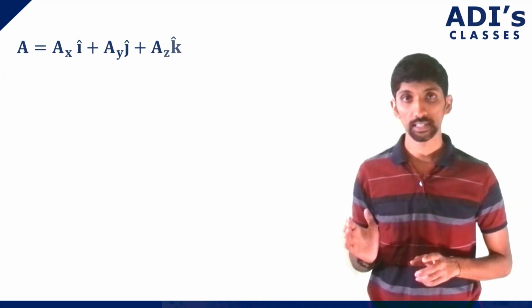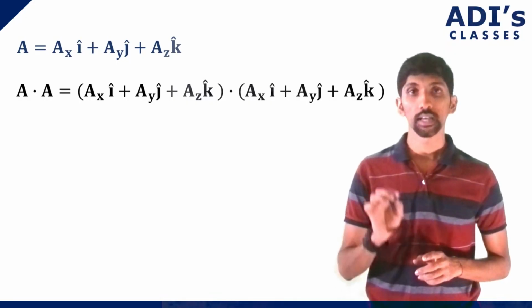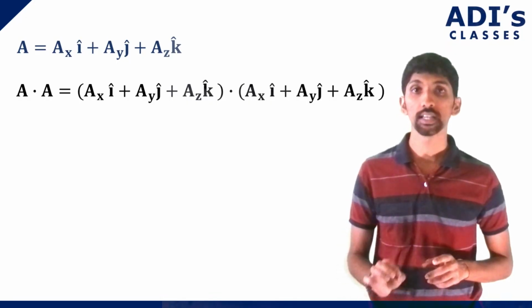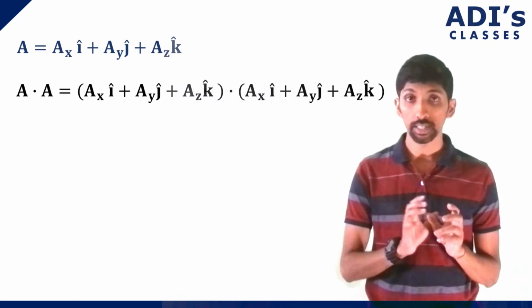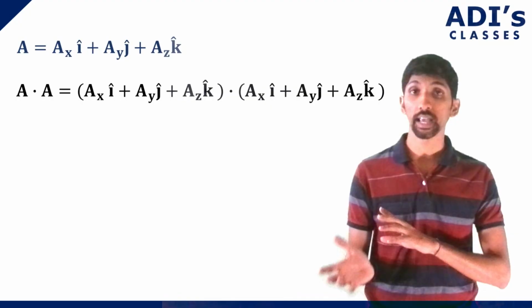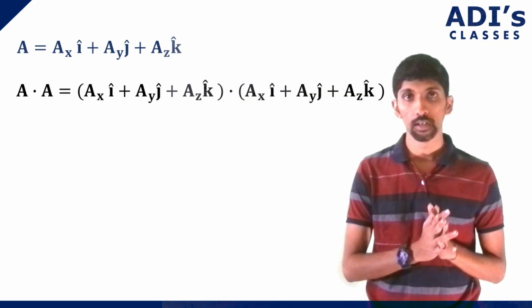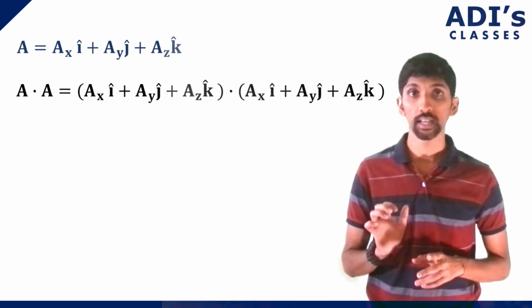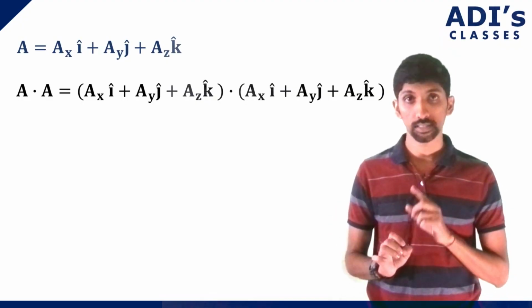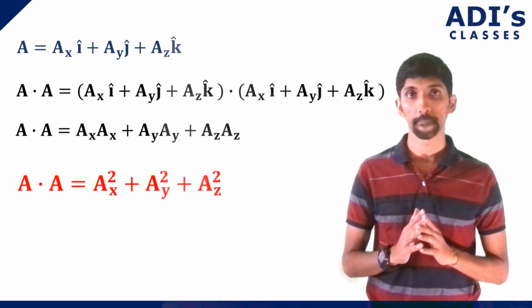That means (ax i plus ay j plus az k) dot (ax i plus ay j plus az k). In this case, remember i dot i is 1, but any other component you multiply with i will become 0, correct? So A dot A will be nothing but ax squared plus ay squared plus az squared.